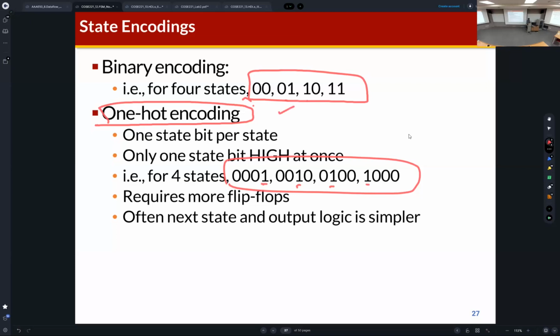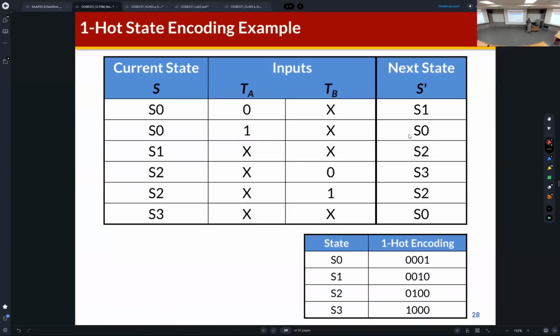So this is another example of encoding rules for different states, an example of the previous FSM. This is the state transition table, and you can observe the different encoding rules. I will use one-hot encoding, so S0 is 0001, right? And S1 is 0010.